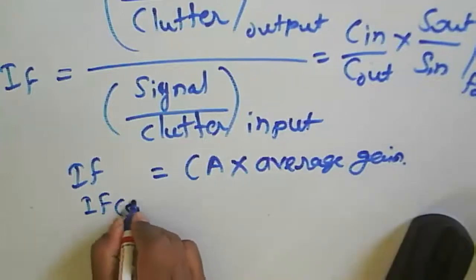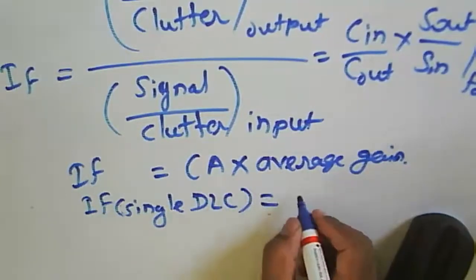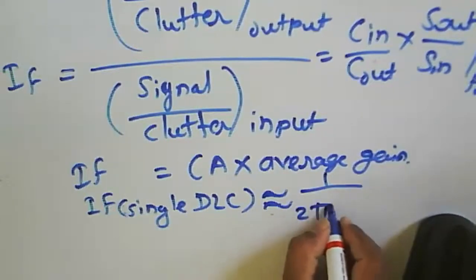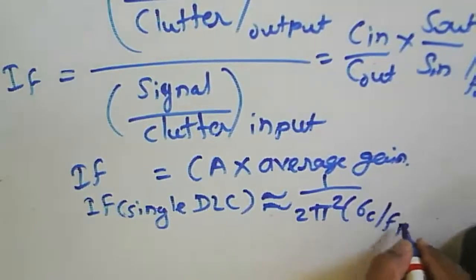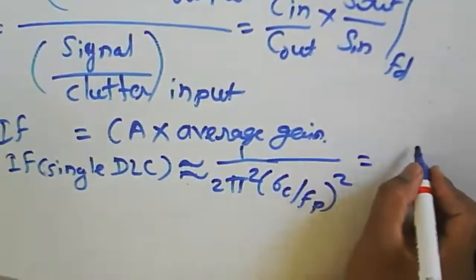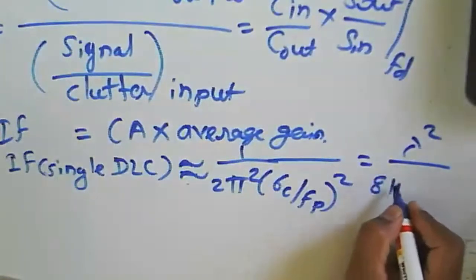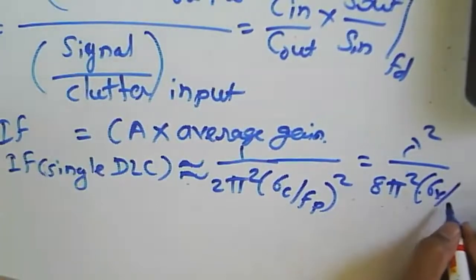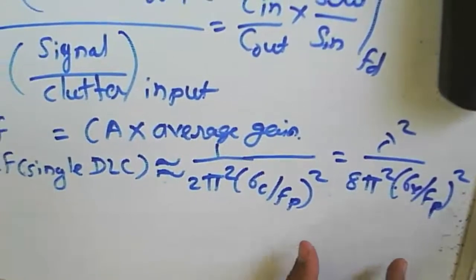The IF for a single delay line canceller is approximately 1 by 2 pi squared (sigma c by fp) bracket squared, or we can write it equal to lambda squared by 8 pi squared (sigma v by fp) bracket squared. Okay, this one, 8 pi squared sigma v by fp.